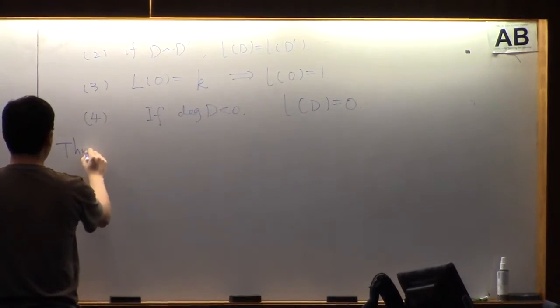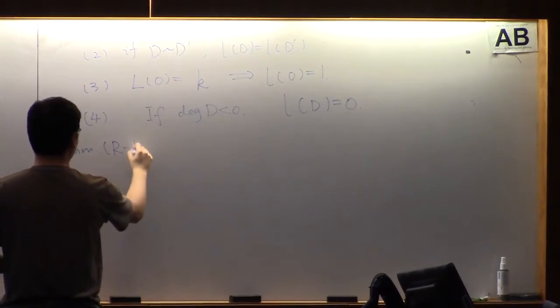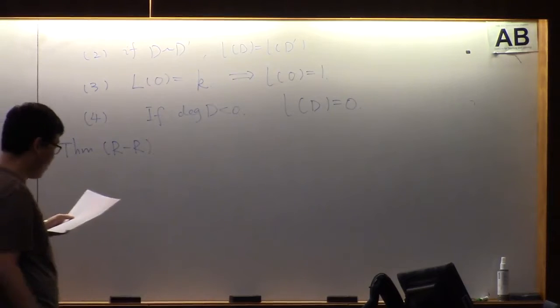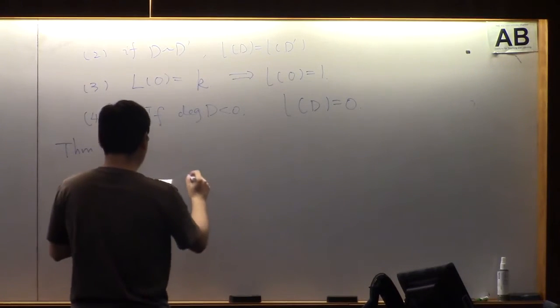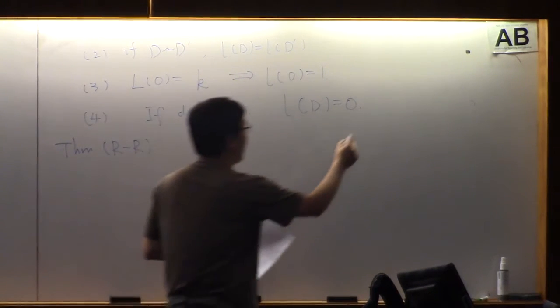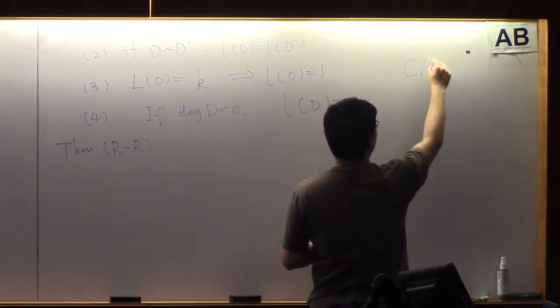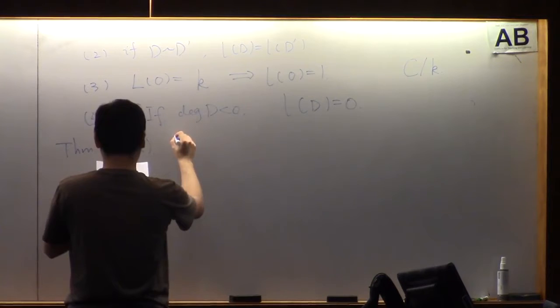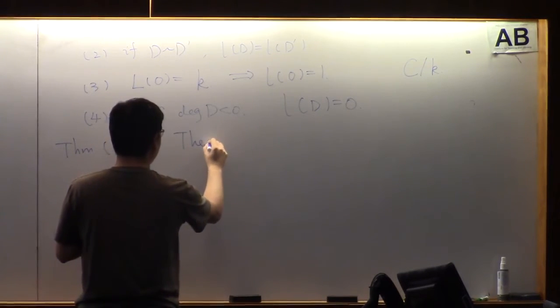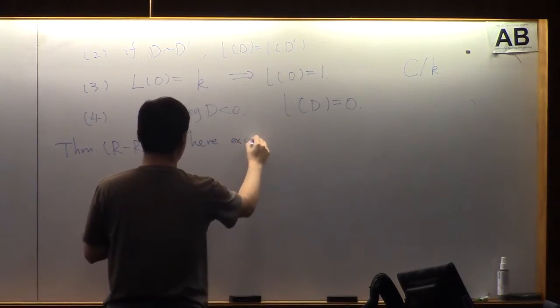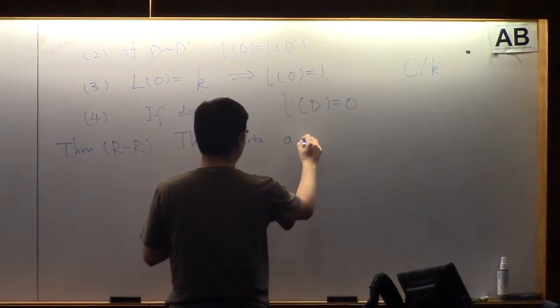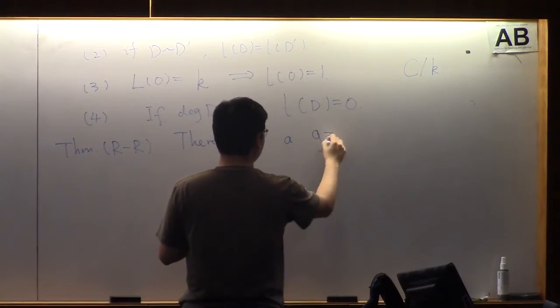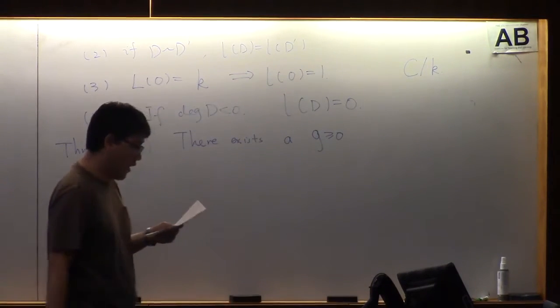Now I can state the theorem, Riemann-Roch. Again, I always fix the smooth projective curve over the base field K. Then there exists an integer g, which is non-negative.